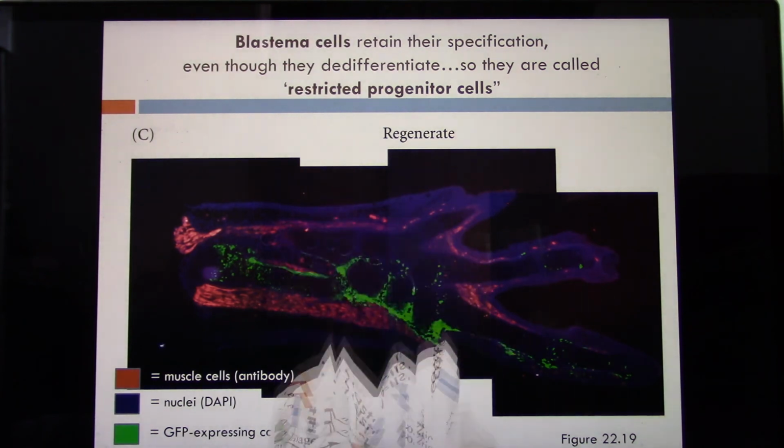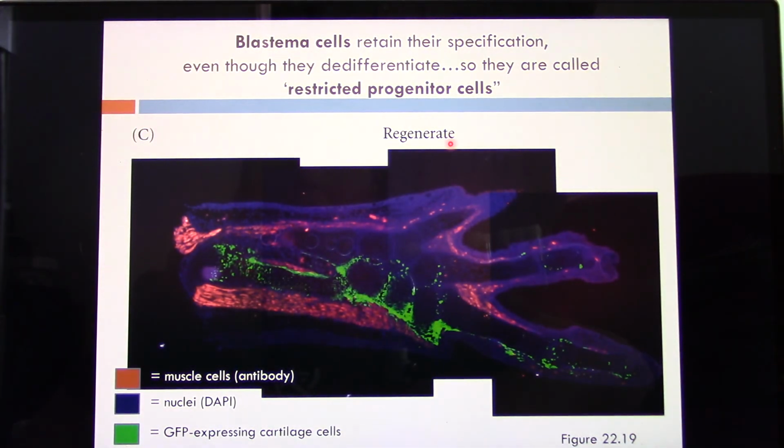And just to confirm that, they have another microscopic picture of this. Blastema cells retain their specification even though they de-differentiate, so they are called restricted progenitor cells, not stem cells. They are showing that the muscle cells here that are stained an orangish color don't have any green in them whatsoever, so we didn't get muscle cells from cartilage cells.